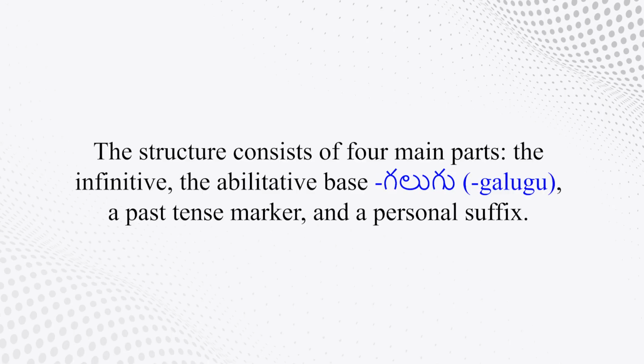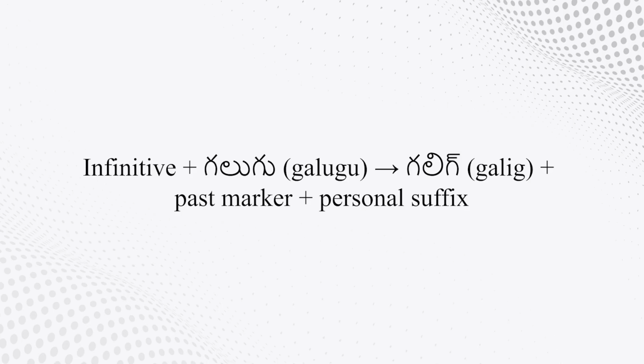The structure consists of four main parts: the infinitive, the abilitative base galugu, a past tense marker, and a personal suffix. The overall pattern is infinitive plus galugu become galig plus past marker plus personal suffix.